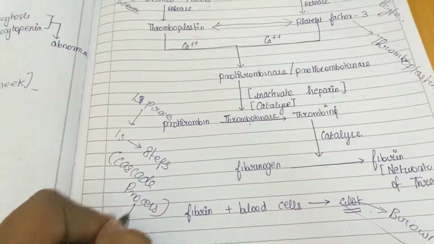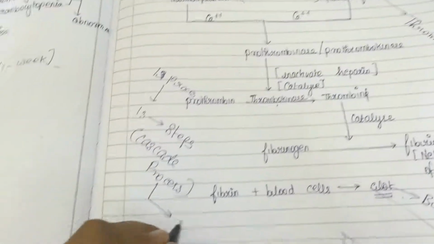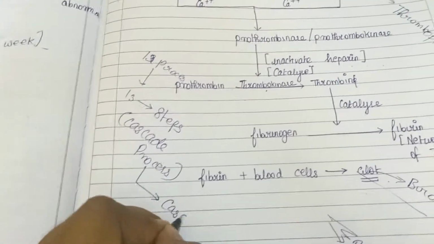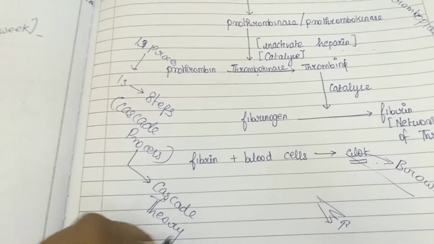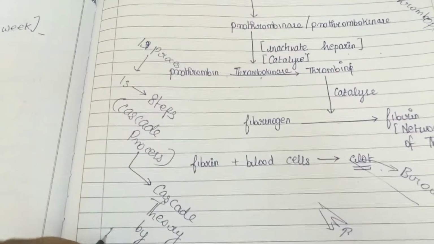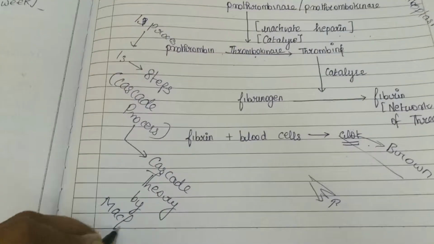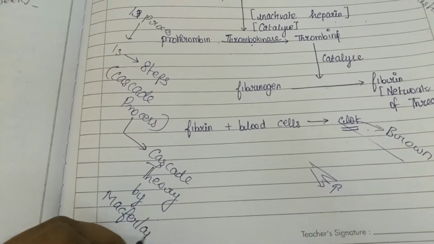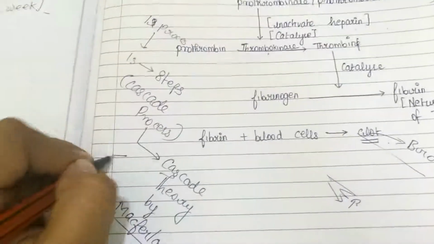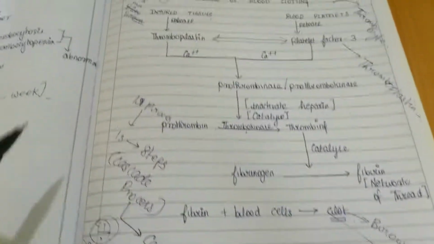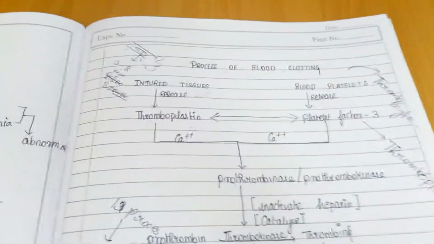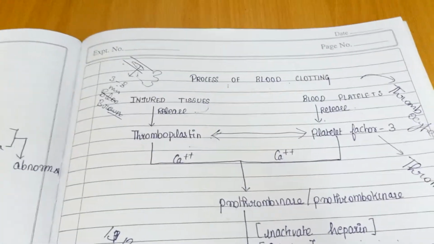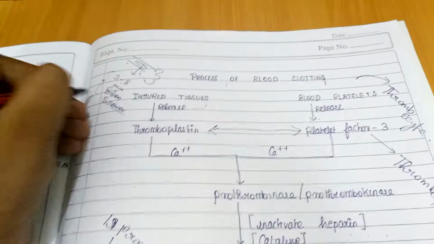This cascade process was made into a theory called the cascade theory by Macfarlane. Please remember this name, it may be asked. So there are 13 steps that take place in a simple blood clotting, which takes 3 to 8 minutes.